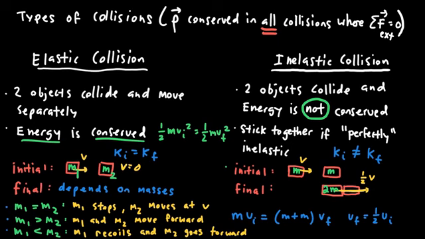In the initial case, maybe one object is at rest and the other object is moving with speed v. They stick together, and when they do, the mass of the stuff that's moving becomes 2m. You can see that in the picture. Initially, only an object with mass m was moving. Now that same amount of momentum has to push 2 units of mass, so you should expect that the speed goes down.